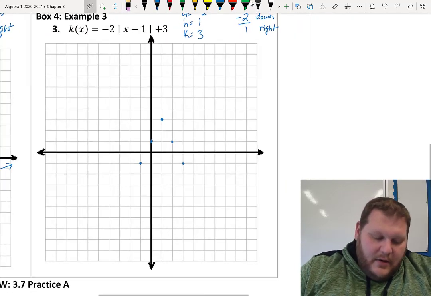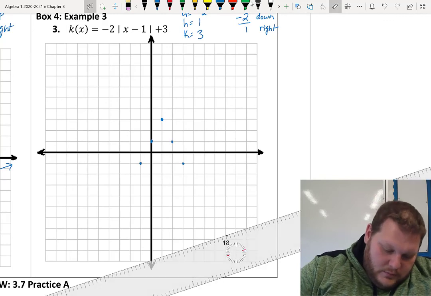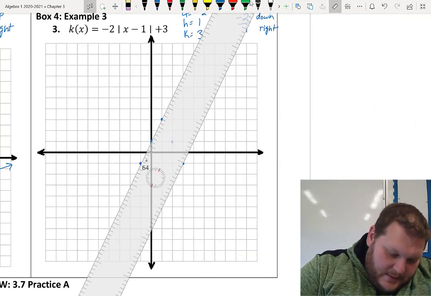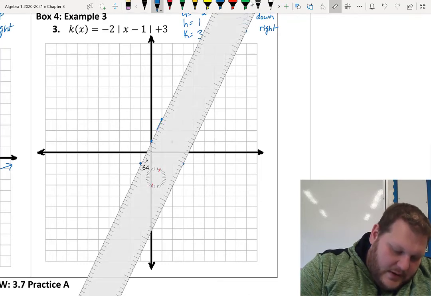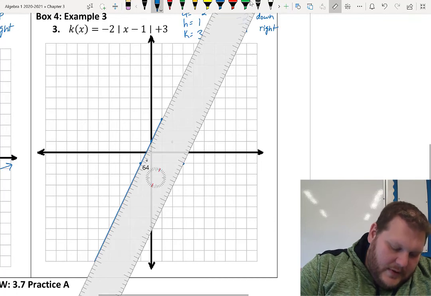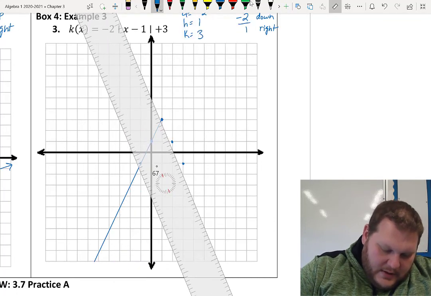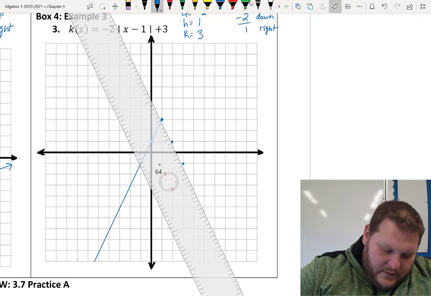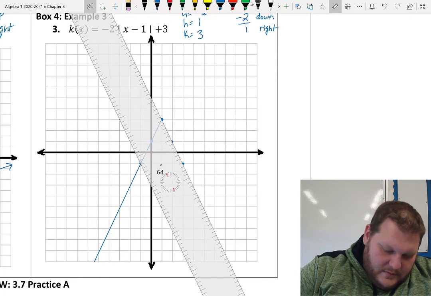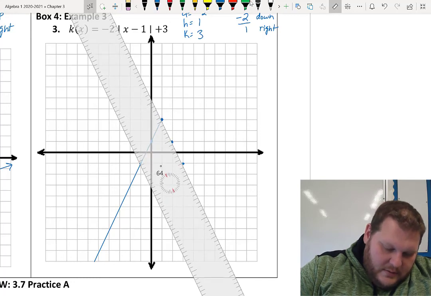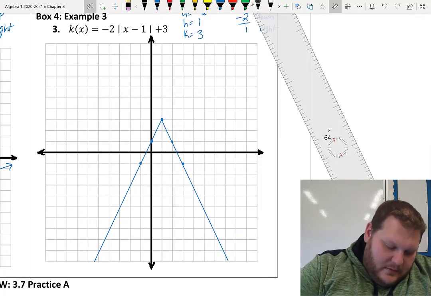Now I grab my ruler and line it up best I can. It looks like about 64 degrees for me. Looks about right, all the way to the edge. We'll go the other way, 64 degrees. Line it up all the way down there. Arrows on the end.